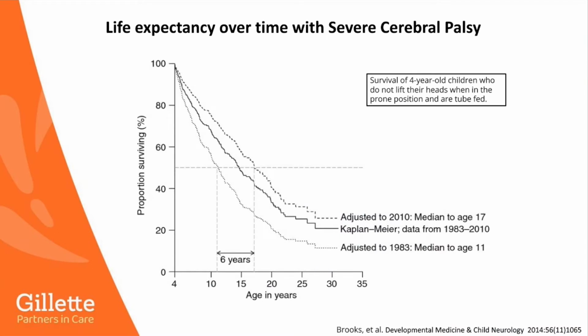And then this is the opposite direction in terms of our patients here with cerebral palsy that is severe. This is survival of 4-year-olds who do not lift their heads when in the prone position and are tube fed. So you can see even here they're having a life expectancy increase as well over the last several decades as well.